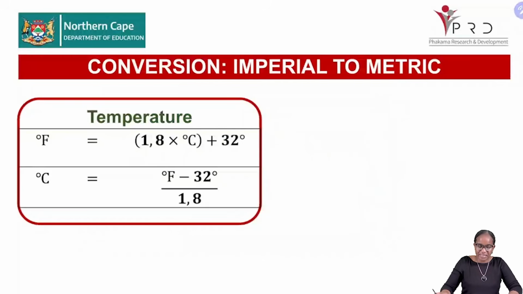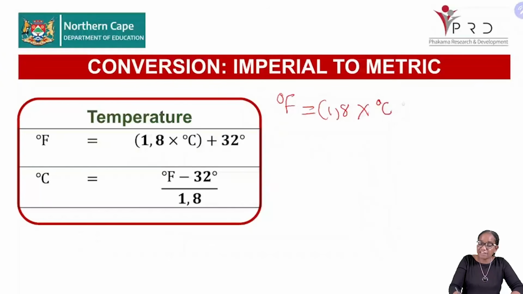So you are given that degrees Fahrenheit is equal to 1.8 times whatever amount you're given in degrees Celsius, plus 32. So that is how we obtain degrees Fahrenheit.